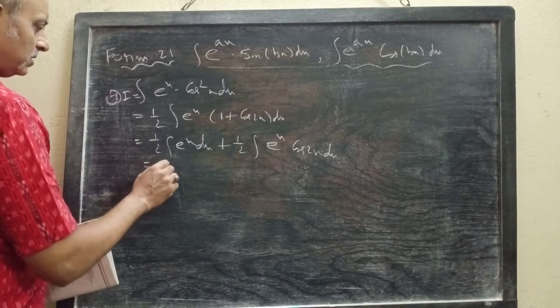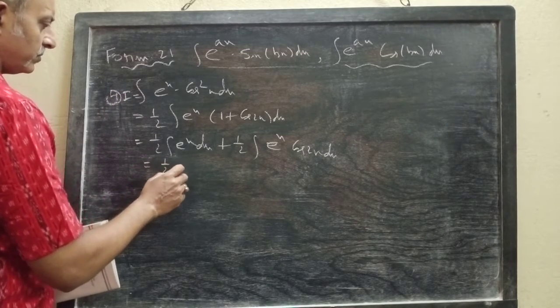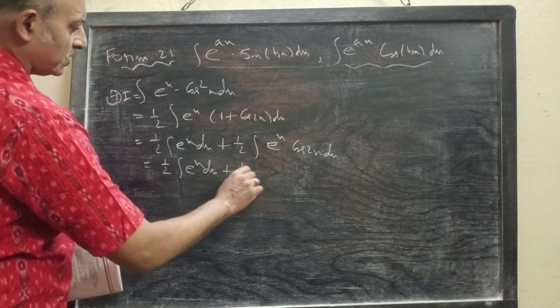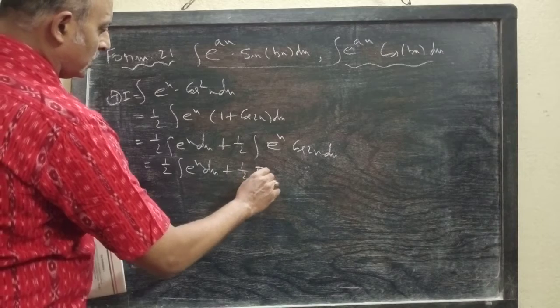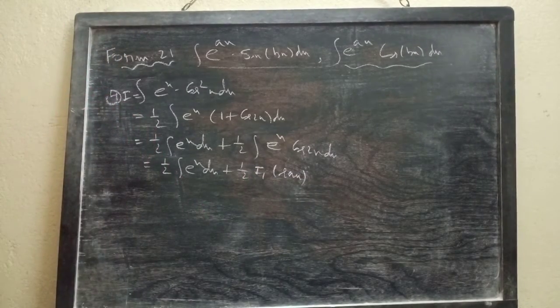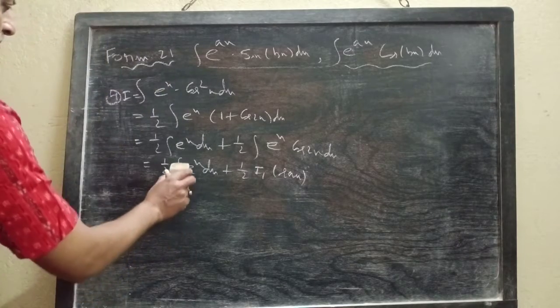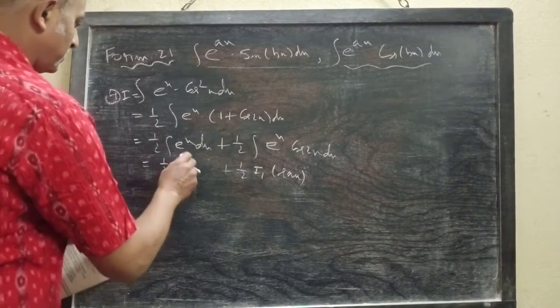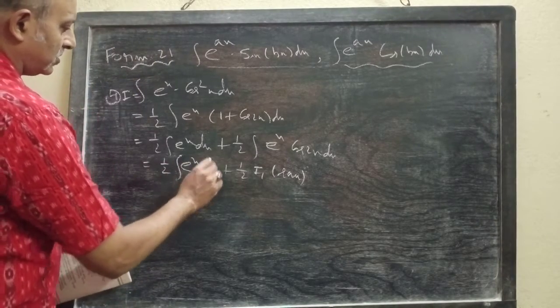So this is half integration e to the power x dx plus half I1, say. Next I have to solve I1 separately and then substitute the result here. Do this integral or no, keep it because there is a problem of integration constant.